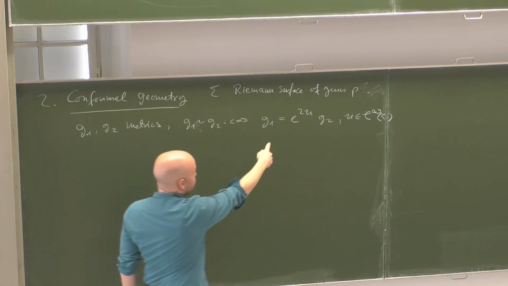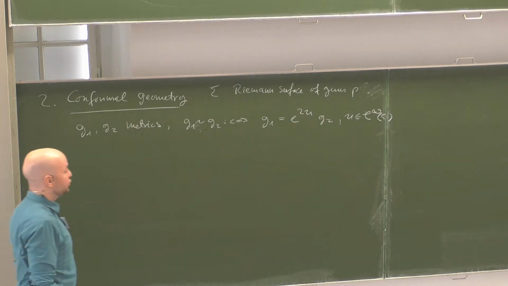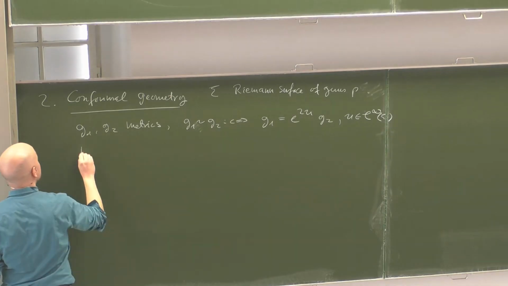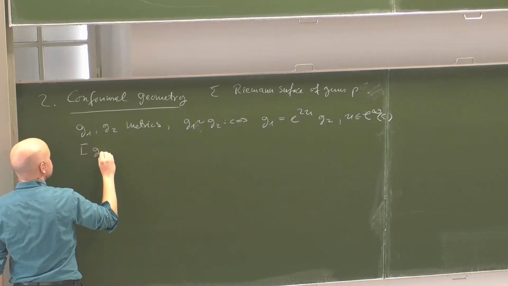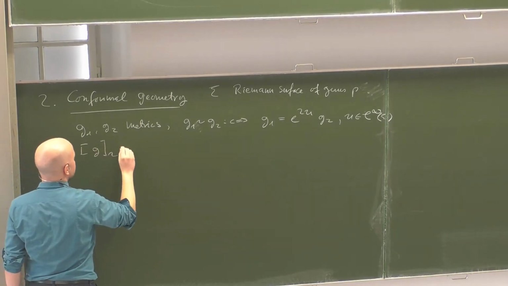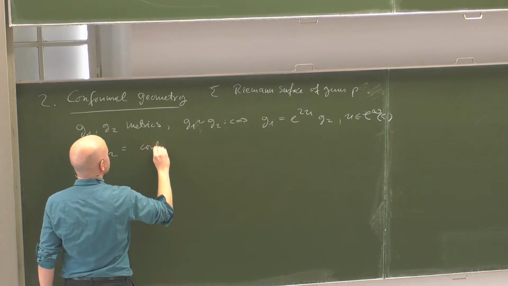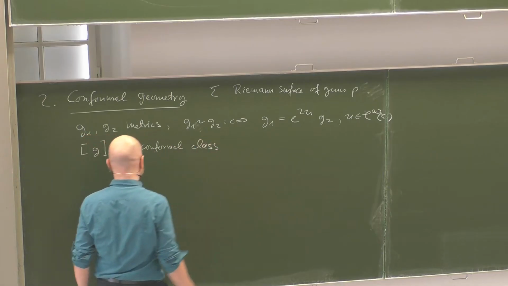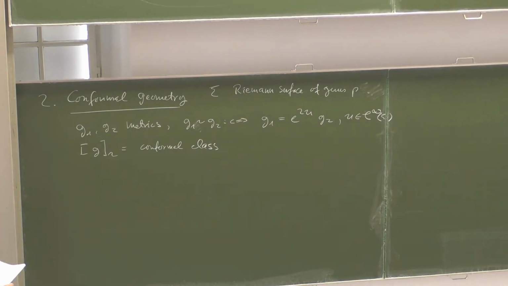And yeah, we usually write it as e to the 2u, but okay, it's just a positive function times the other metric. And the cosets here are called the conformal class of the metric.